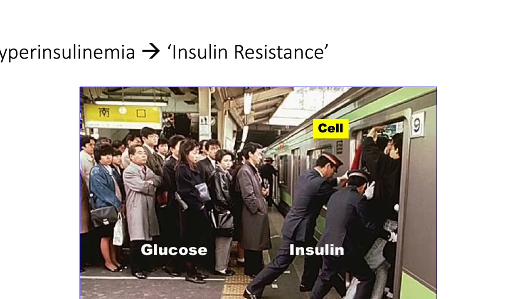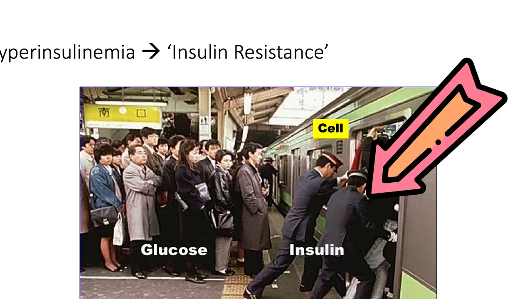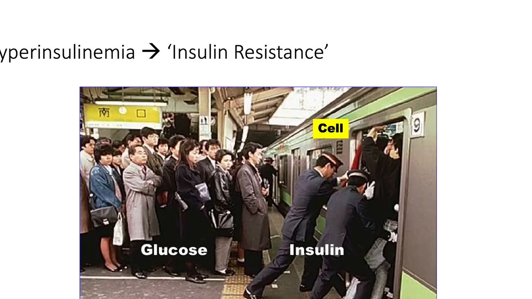That's the internal starvation paradigm. But there's another way to think about that. Perhaps there's just too many people on that train already, and no matter how much the insulin tries to push people into that train, there's simply not enough room. That is, the high insulin levels eventually lead to the insulin resistance, and it's this overflowing that's causing that.